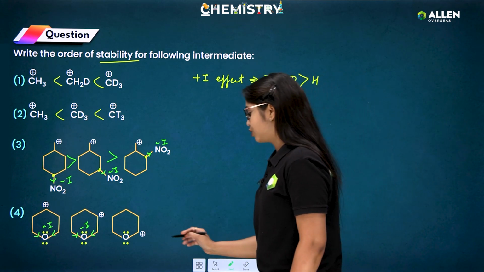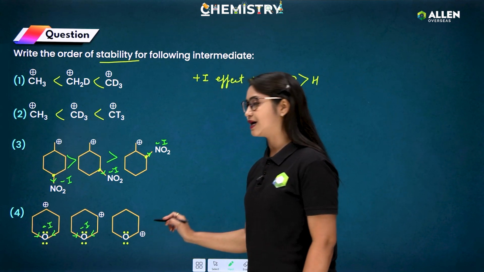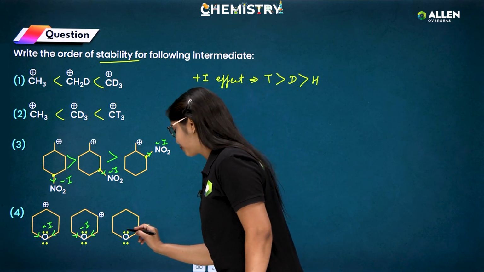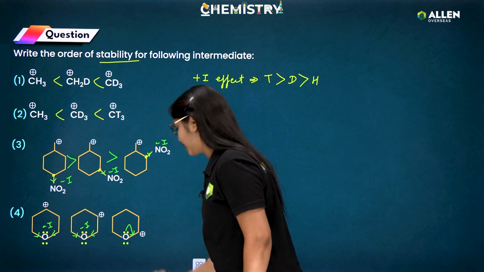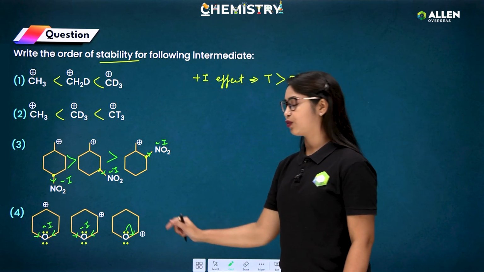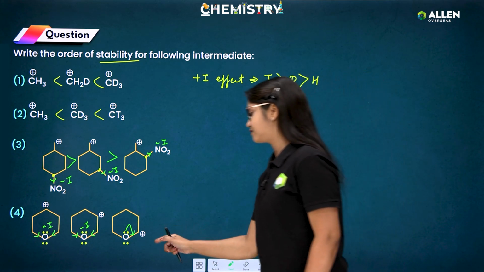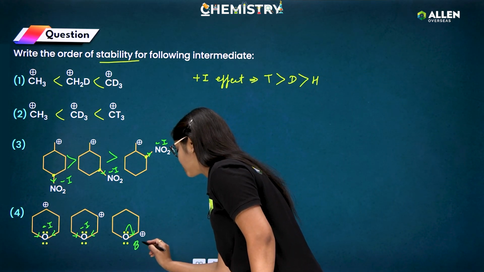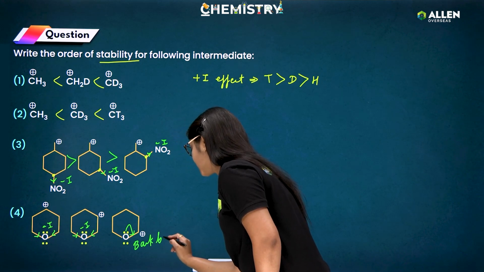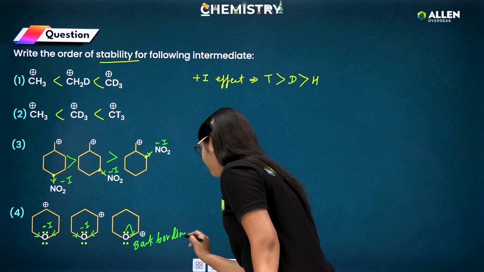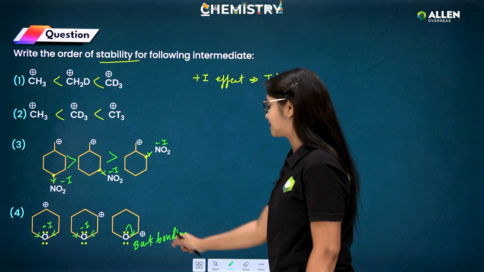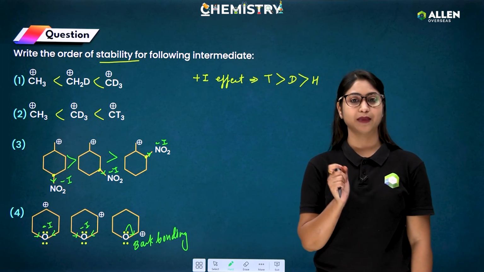Here you can see the lone pair and the positive charge in conjugation. The lone pair of oxygen is showing back bonding with the positive charge. This is the case of back bonding. So we can say that this carbocation is stabilized by back bonding.